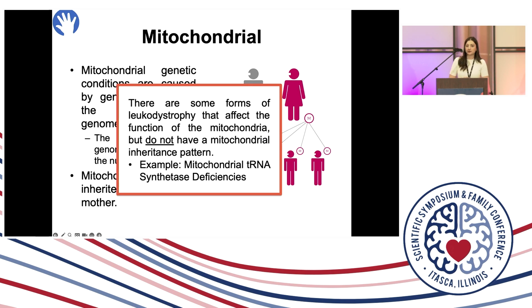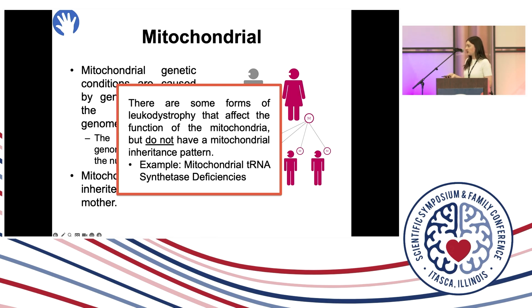Mitochondrial disorders and classic leukodystrophies are very separate. They have separate pathophysiologies. But one thing that I've seen get a little complicated is that some of the classic leukodystrophies have effects in the mitochondria, and some of them even have the word mitochondria in their name. But it's important to note that those conditions actually don't have a mitochondrial inheritance pattern, even though they affect the mitochondria in some way.